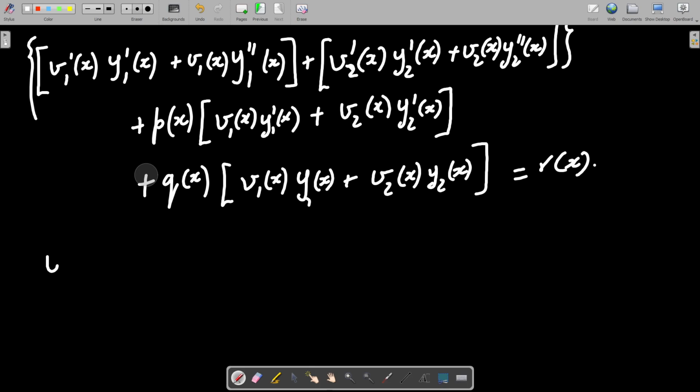So I have here v1 of x, I'll just write v1. So v1 has the multiple here multiplied by y1 double prime. Here v1 is multiplied by p of x into y1 prime of x, so I'll write it as p y1 prime, and this is going to be q into y1.